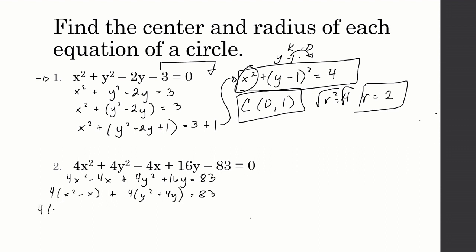So it will become 4 times x squared minus x plus negative 1 over 2 squared. And then the same thing, plus 4y squared plus 4y plus 4 over 2 squared equal to 83 plus. So knowing that they have numbers outside their parentheses, therefore we will multiply the added terms.